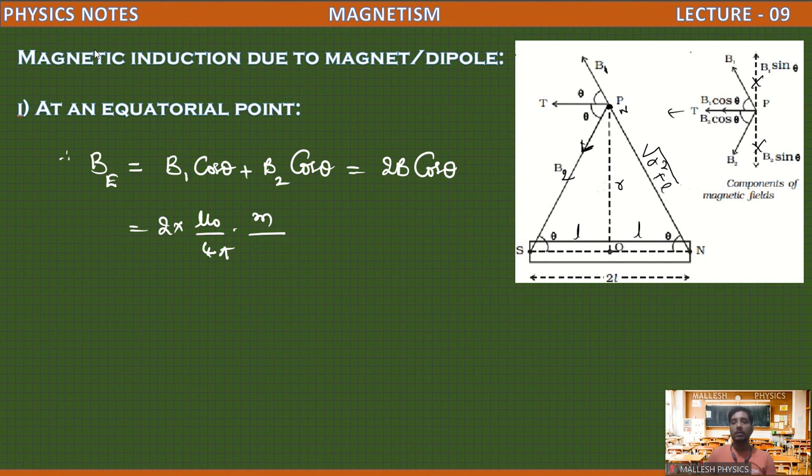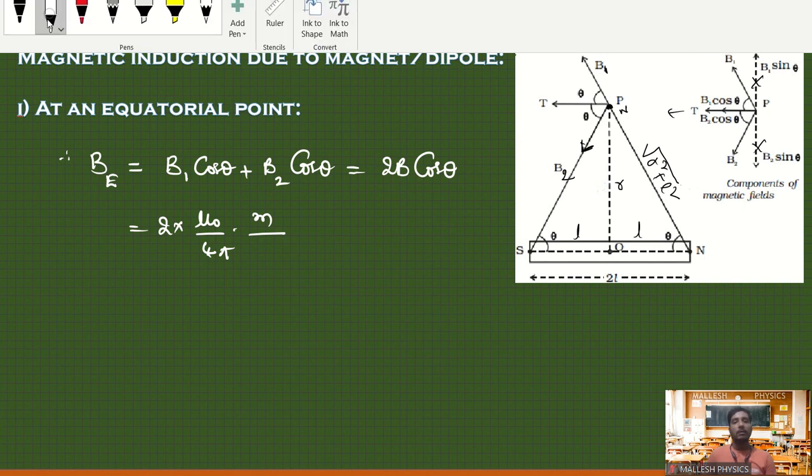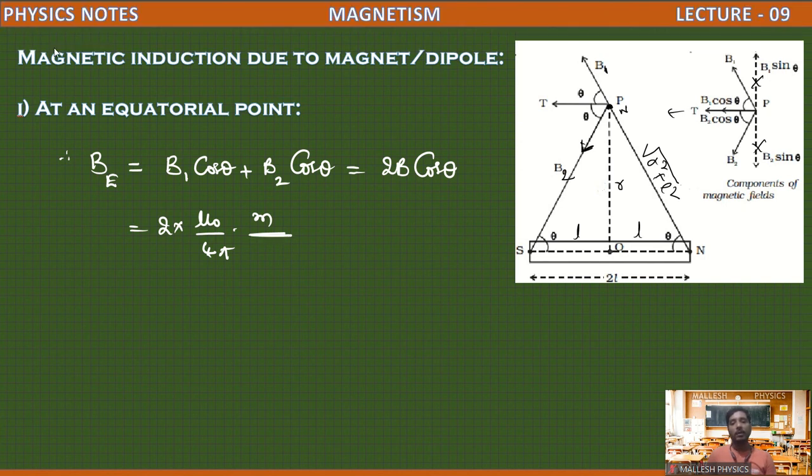In the formula M by R square, the R is the square root of R square plus L square, whole square. So the square root gets cancelled, giving R square plus L square, into cos theta. Cos theta is equal to adjacent by hypotenuse, that is L by R square plus L square whole power 1 by 2.